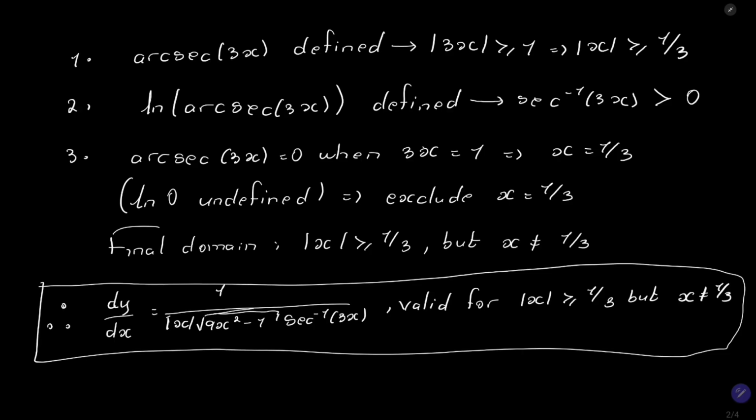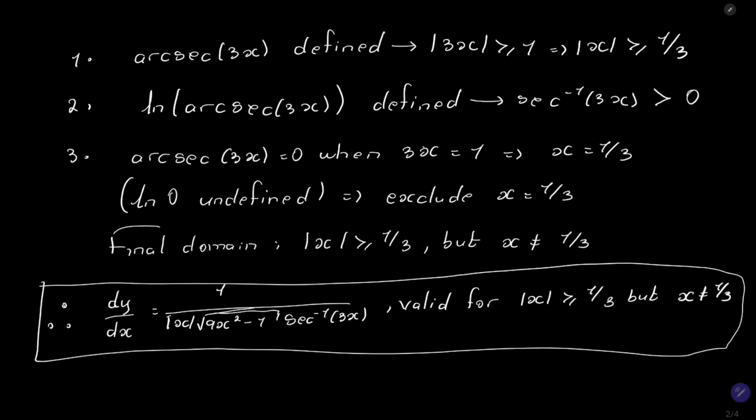So just to highlight common mistakes students usually make, the first one is most of the time they forget the absolute value in the arcsec derivative. That is, they put the x without putting the absolute value. The next is they forget to multiply by the inner derivative, that is d on dx of 3x.